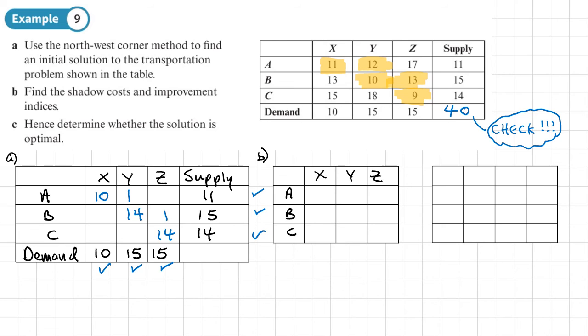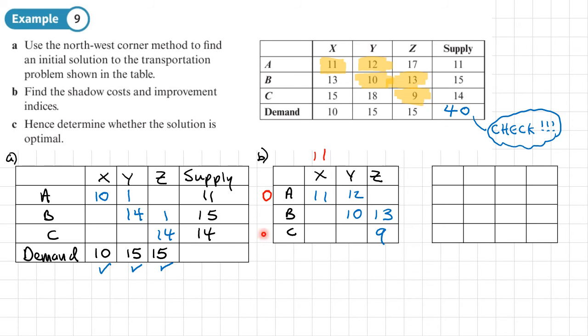So we're going to put those costs in our table, which are 11, 12, 10, 13 and 9. Remember, with our shadow costs, we start by making the first source cost equal to 0. So I'll just rub these out so I've got a bit of space to do it. My first source cost is 0, which means that this cost here is 11.